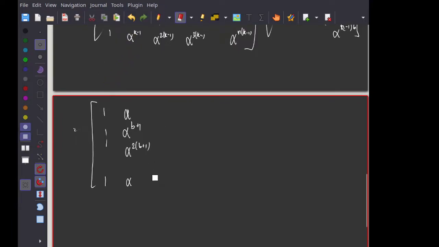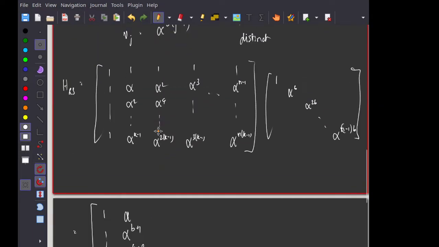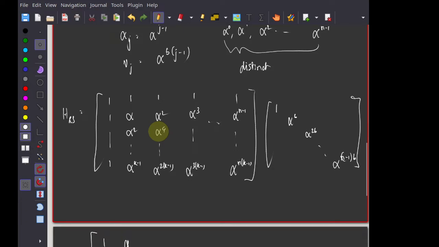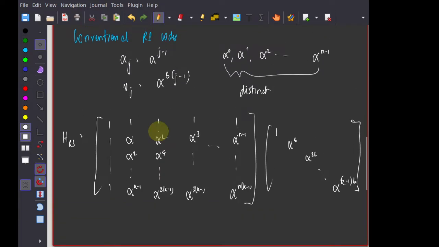Sorry, n minus k, correct. So the third row is going to be alpha raised to b plus 2, so on all the way up to b plus n minus k minus 1. Right? So probably the easier way is to think about it in the following way.